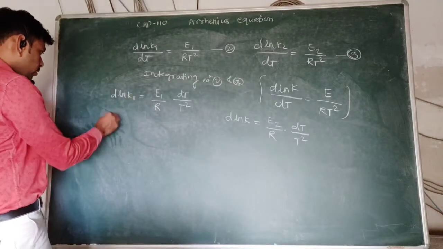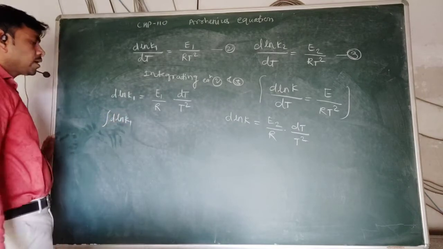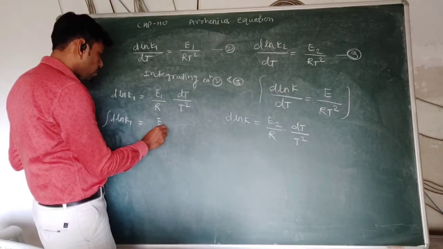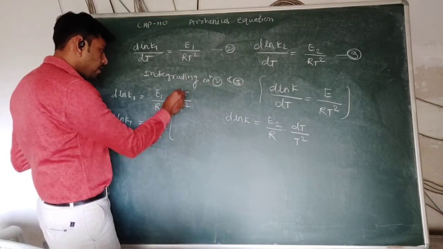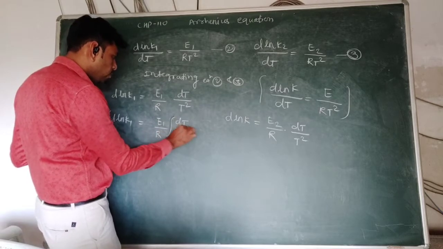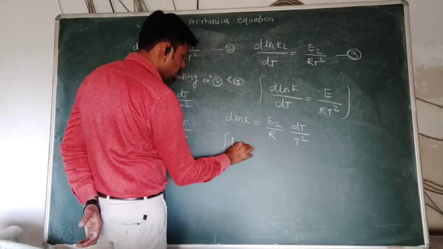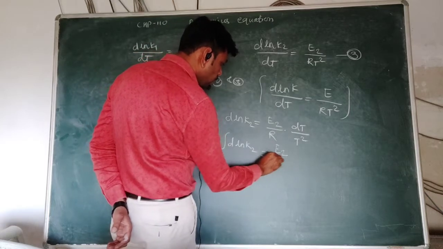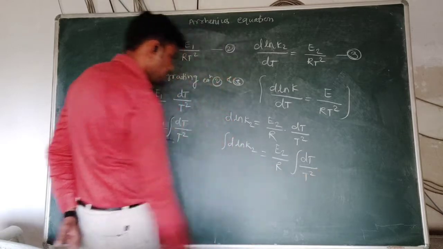In the next step, integration of d ln k1 is ln k1 equal to E1 upon R, a constant term, times integration of dt upon t square. Similarly, integration of d ln k2 equals E2 upon R times integration of dt upon t square.